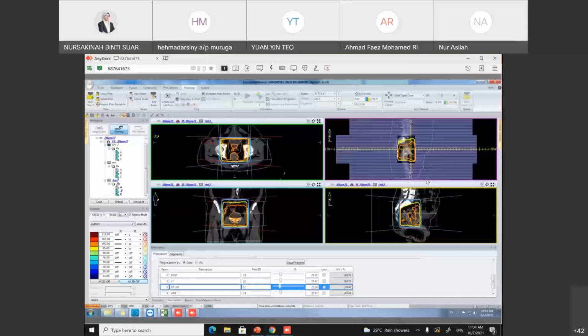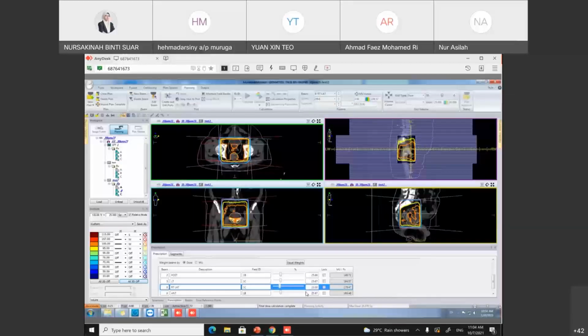Anyone want to answer the question? Okay, the answer is I will take some of the percentage of my anterior beam to my posterior beam.